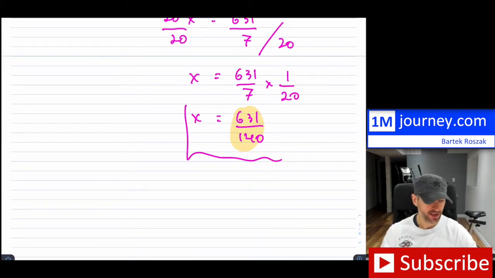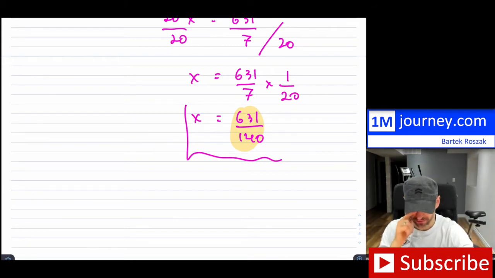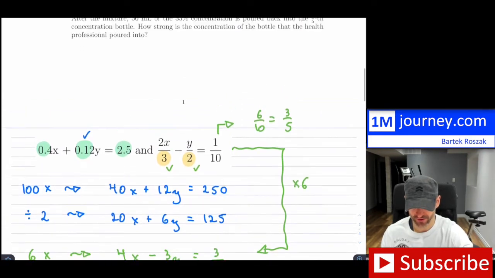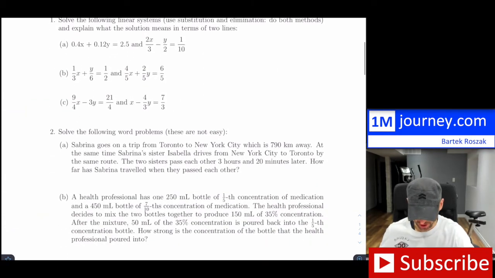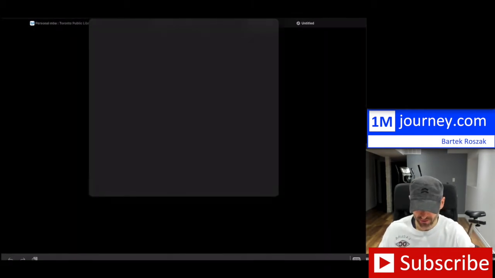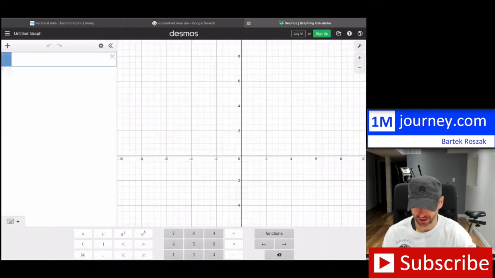All right. Now, for those who want to see, we can take this entire thing and actually graph it. So I'm going to use the very convenient Desmos graphing calculator, and then we can graph these lines on it.